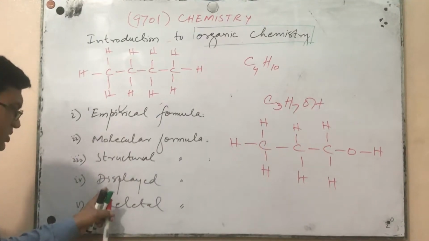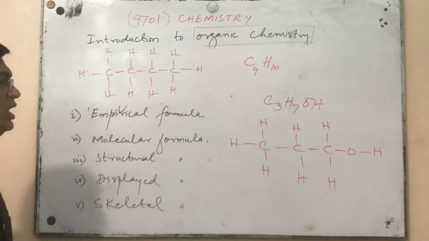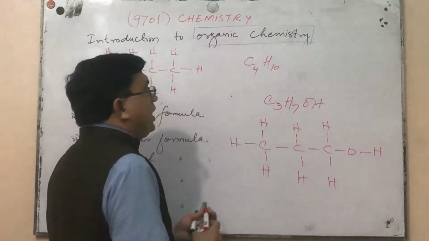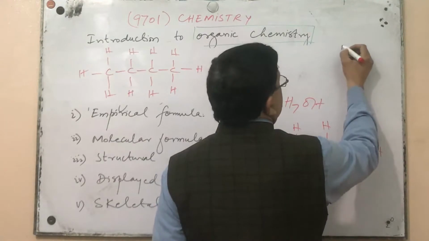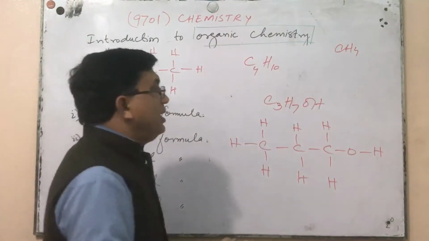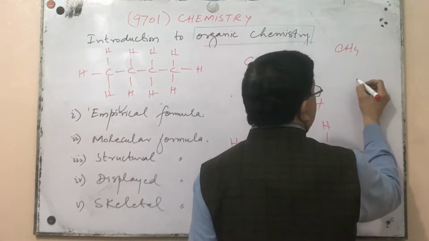That's why this will be called a displayed formula. Now next is the skeletal formula. Now we know that in the case of methane, CH4, its geometry is tetrahedral in nature.